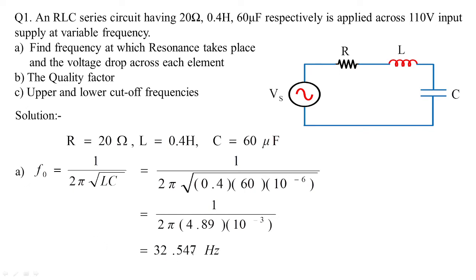Then 32.54 will give you the importance of resonance, and 32.547 will give us the estimation for the bandwidth where the resonant frequency is going to challenge the concept of resonance. So 32.5, 32.54, 32.547 will give you the exact effect of resonance for this series RLC circuit.